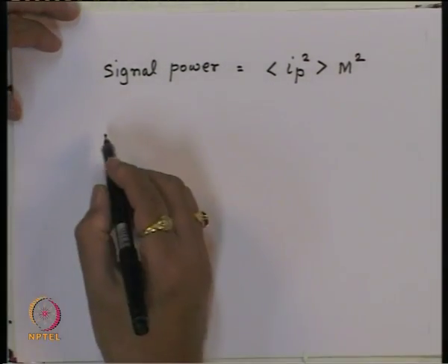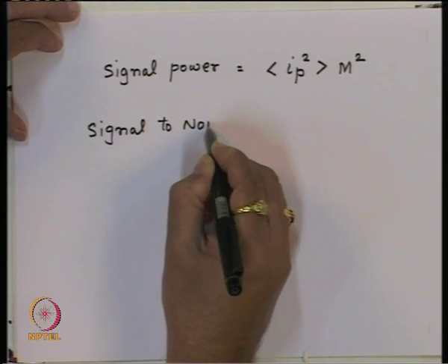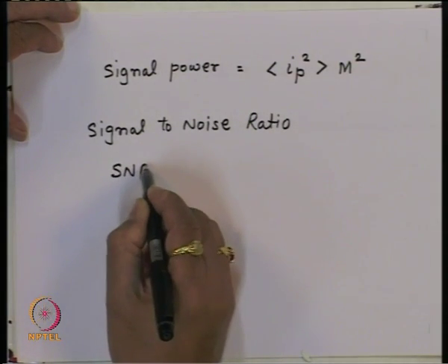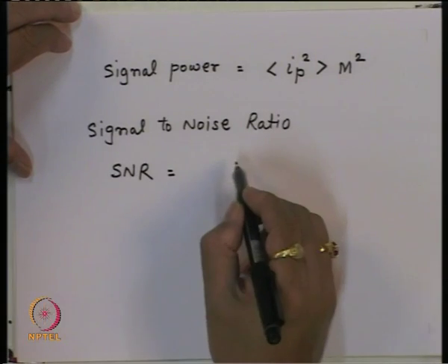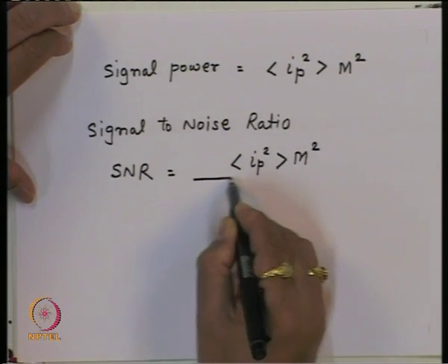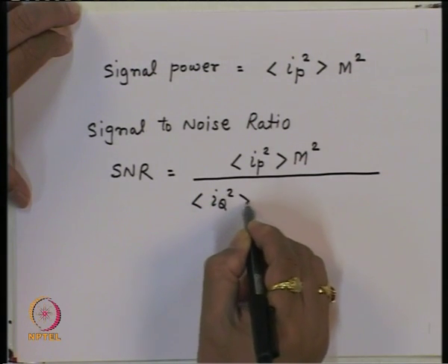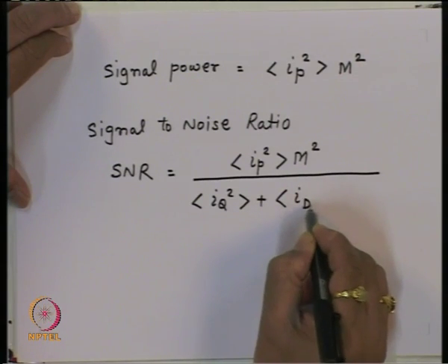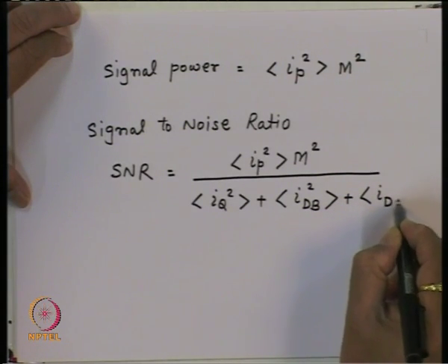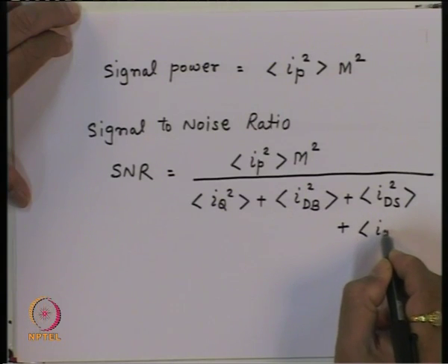So, you can get a quantity called the signal to noise ratio, or SNR, that is equal to the signal power divided by the total noise power, which is I_Q squared plus I_DB squared plus I_DS squared plus I_T squared.